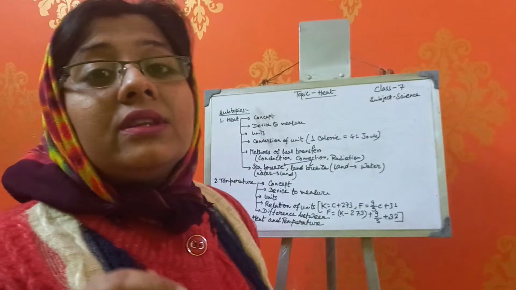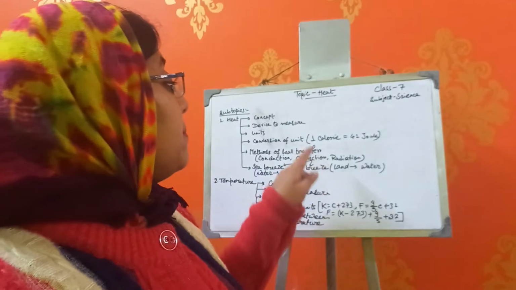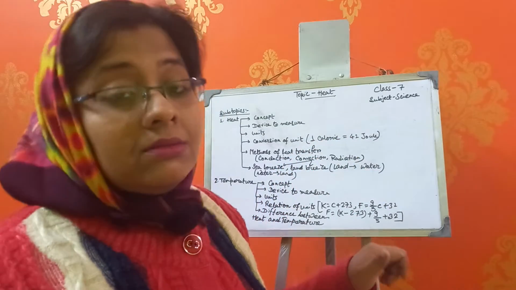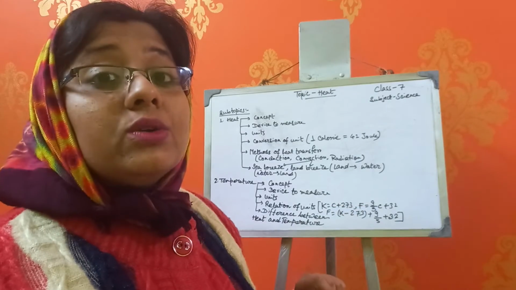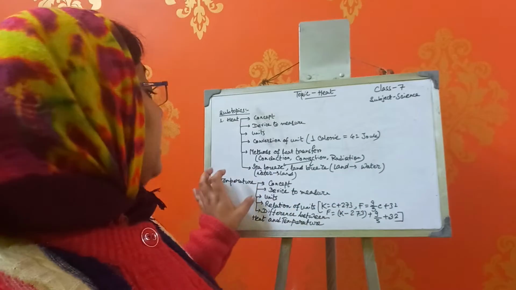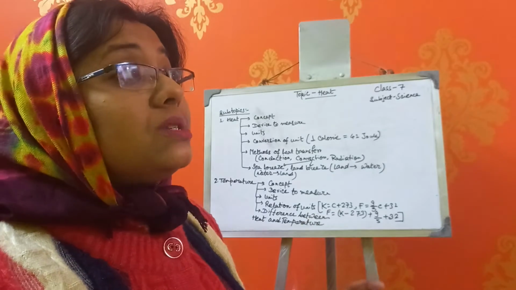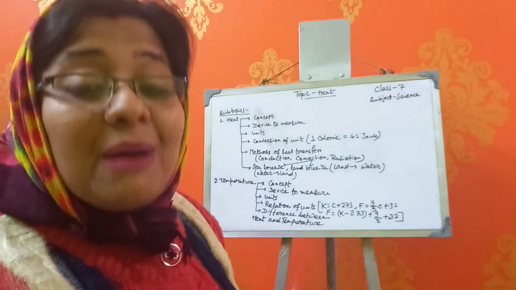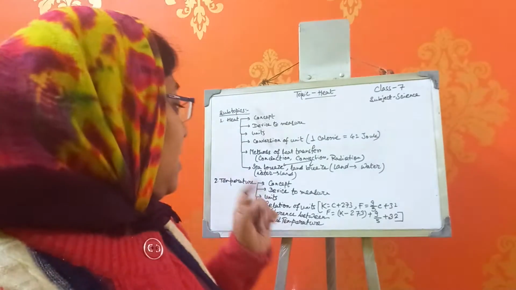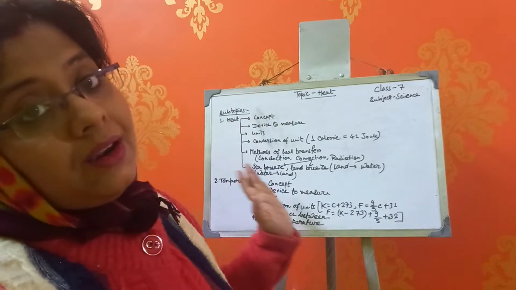Next, about the unit, we measure heat in calorie and joule. By using Kelvin, Celsius, Fahrenheit, we can measure temperature. By using calorimeter, I measure heat. By using thermometer, I measure temperature.